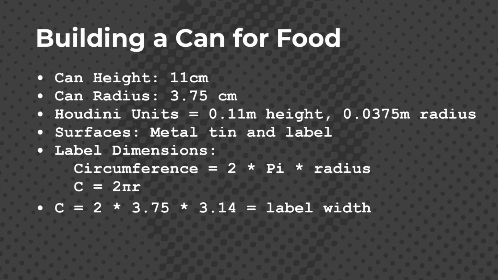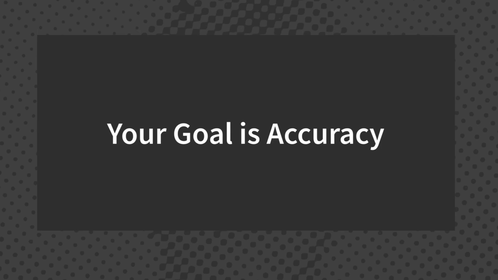That's the width. We have 2 times the radius, the number we looked at earlier, and then times pi, 3.14. That's the width of your label, and then the height of the label is whatever we measured it to be. So begin to think like that from the very beginning, to begin to think accuracy.